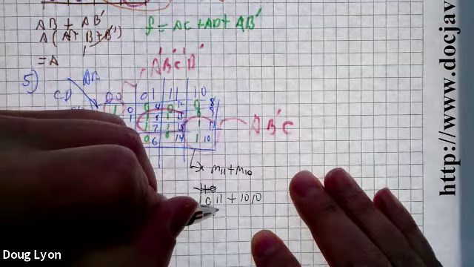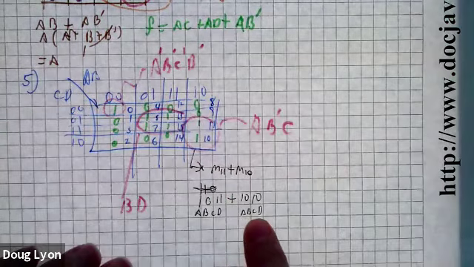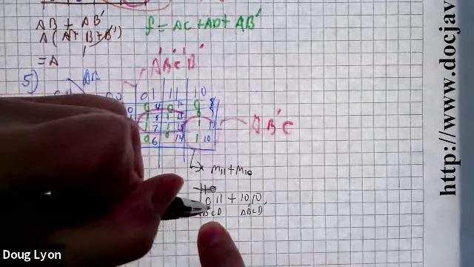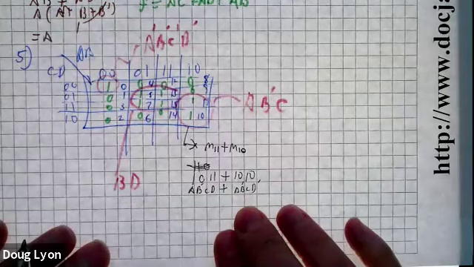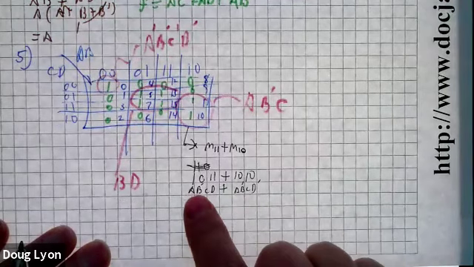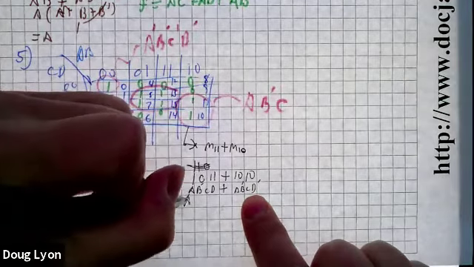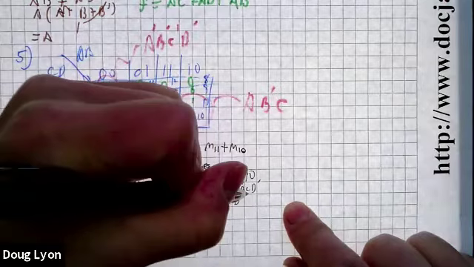A, B, C, D. Whenever there's a 0, I put in a prime. Here there's a prime. And now you want to see what you can factor out. Check it out. I got A B prime C, A B prime C. I can factor out D or D prime.